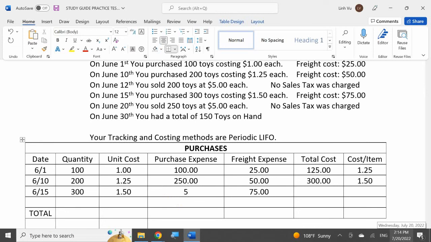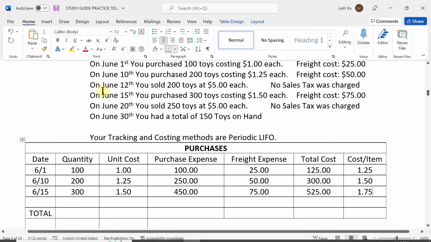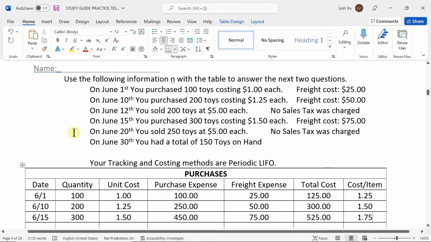It's $450. $450 plus 75 makes it $525, giving you a cost per item of $1.75. Right?